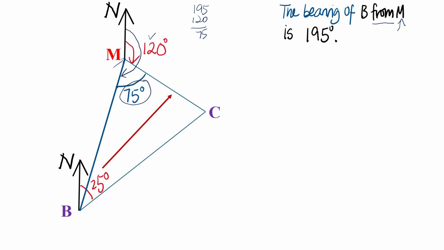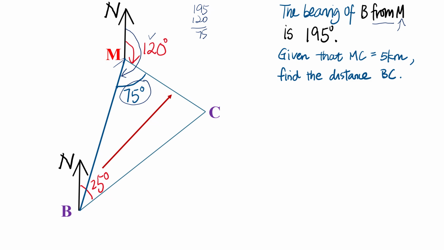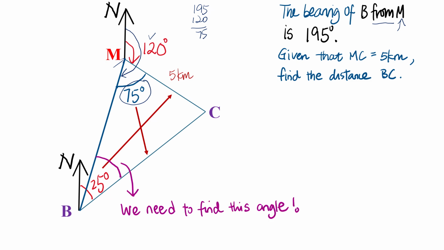So supposing I'm given the distance MC to be 5 kilometers, and I'm asked to find the distance BC. So how do I go about doing it? Yes, we need to find the particular angle there, angle MBC.